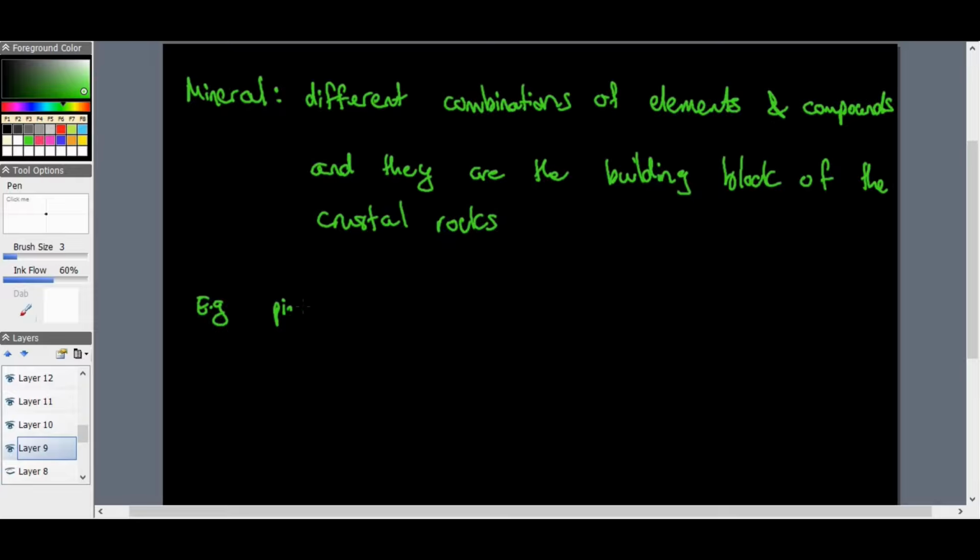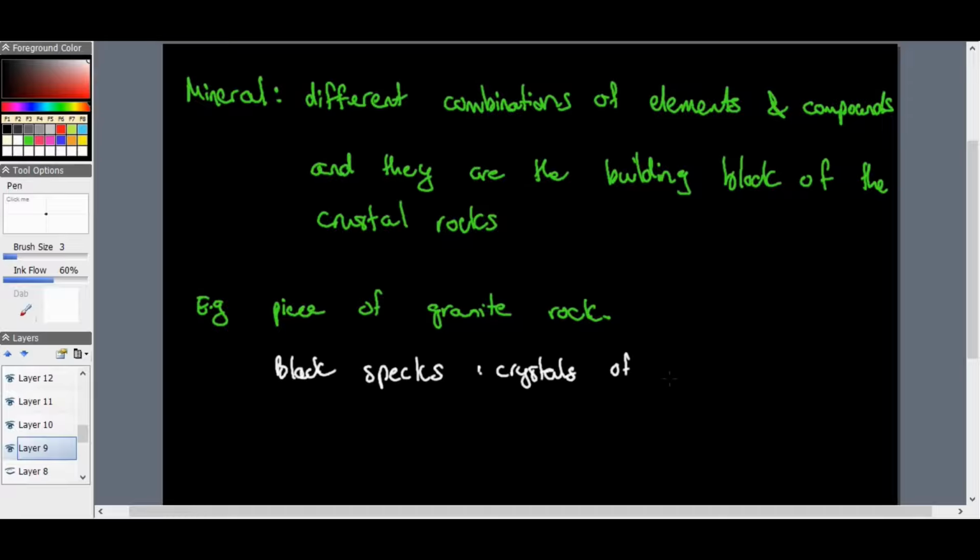If we have a look at a piece of granite rock, and Google what a piece of granite rock looks like, it's all over Google. You'll be able to see some black specks. The black specks in the rock are crystals of mica.